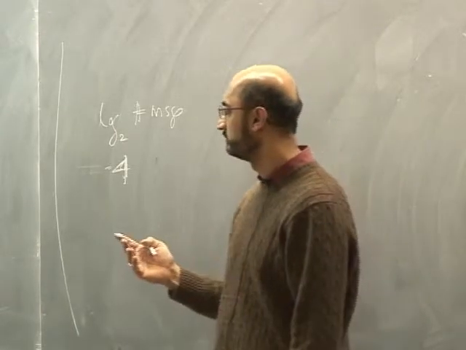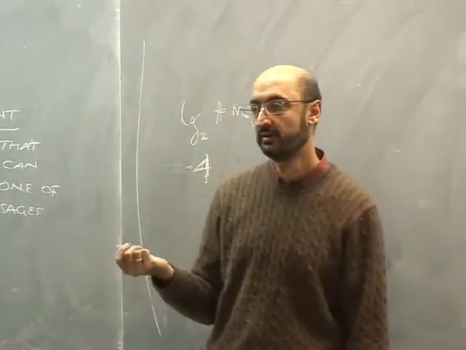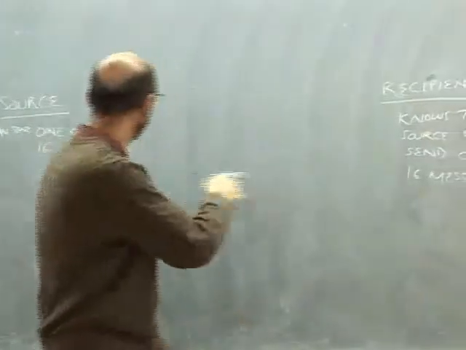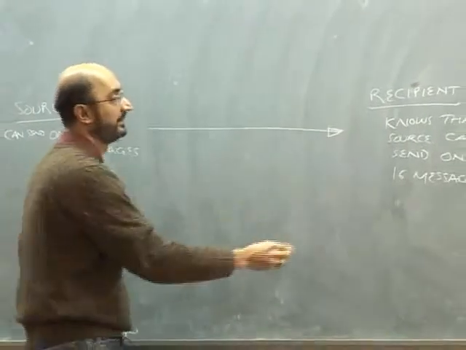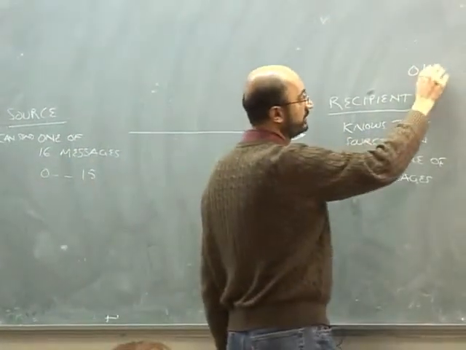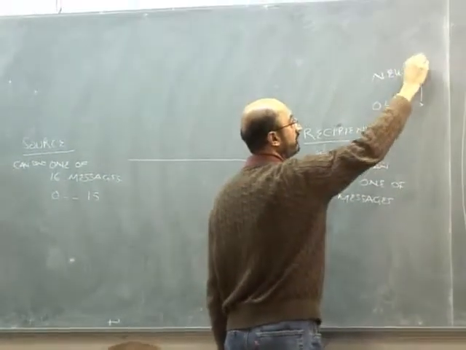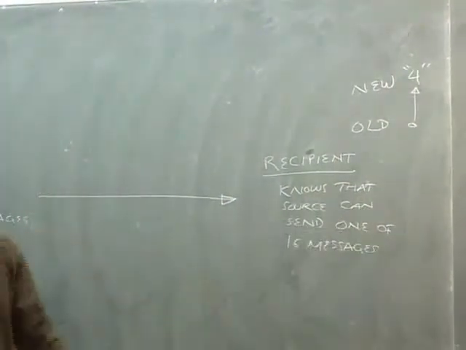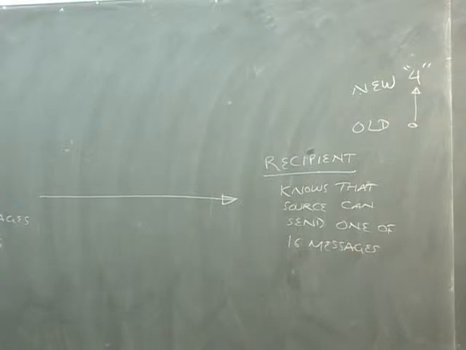And now we can quantify. We have quantified the communication path. Instead of saying some source, some message, some recipient, we can now say when these conditions hold and it sends a message like this, the information content from the old state was 0, and now the new state has 4 somethings, where 4 is defined to be the log of the number of possible equiprobable messages.